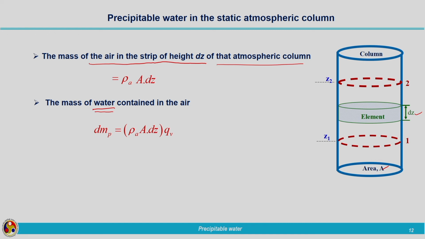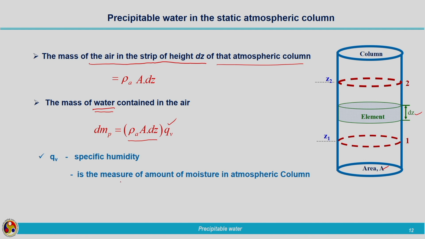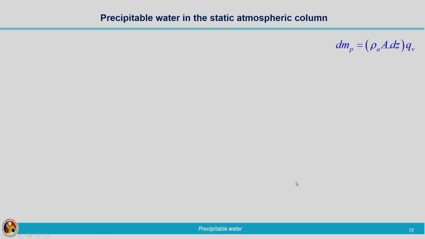Because it is a small strip, that is why we are denoting it by dmp. dmp is nothing but rho A multiplied by A dz multiplied by QV, our specific humidity. QV is the measure of amount of moisture in the atmospheric column. We have the mass of the moisture present in the elementary strip, dmp.